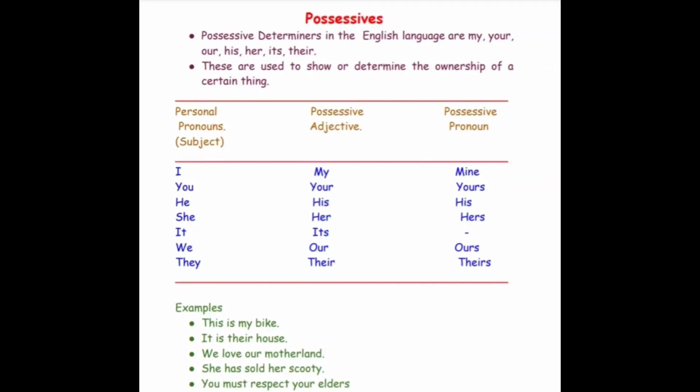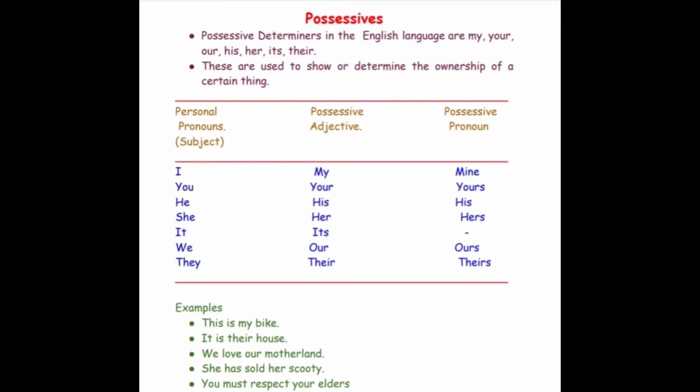For example, I am going to talk about some of the pronouns and their possessive adjectives and possessive pronouns through this table. So I is the subjective case of the personal pronoun. Its possessive adjective will be my, while mine is its possessive pronoun.